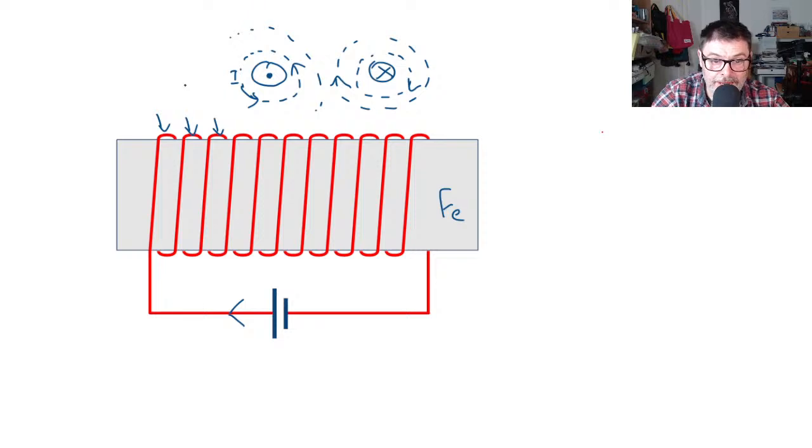So this one is anti-clockwise, this one is clockwise, and you'll notice that in the middle the field lines are travelling in the same direction. And because magnetic field lines, or lines of flux, are vectors, they add. Now this is just two single wires. You can think of each of the turns in my solenoid here as being like one of these single wires.